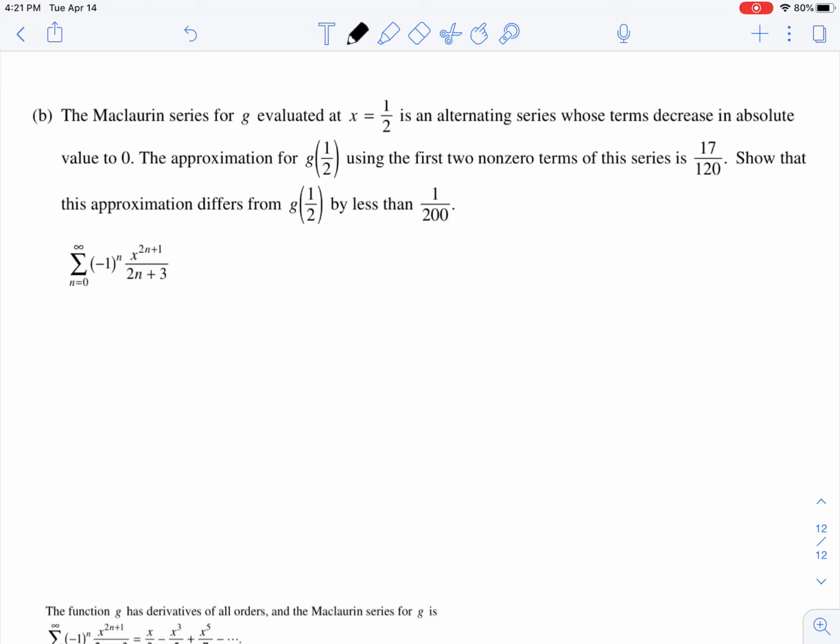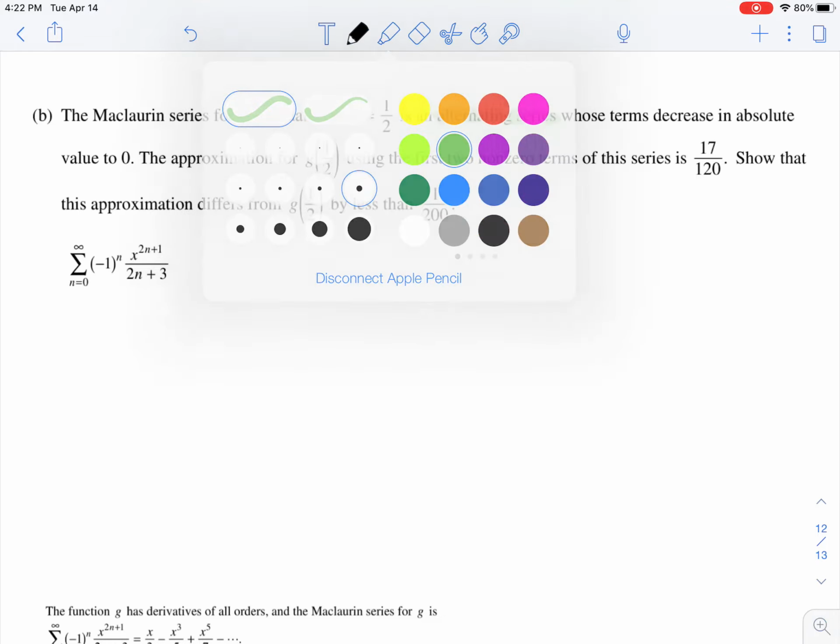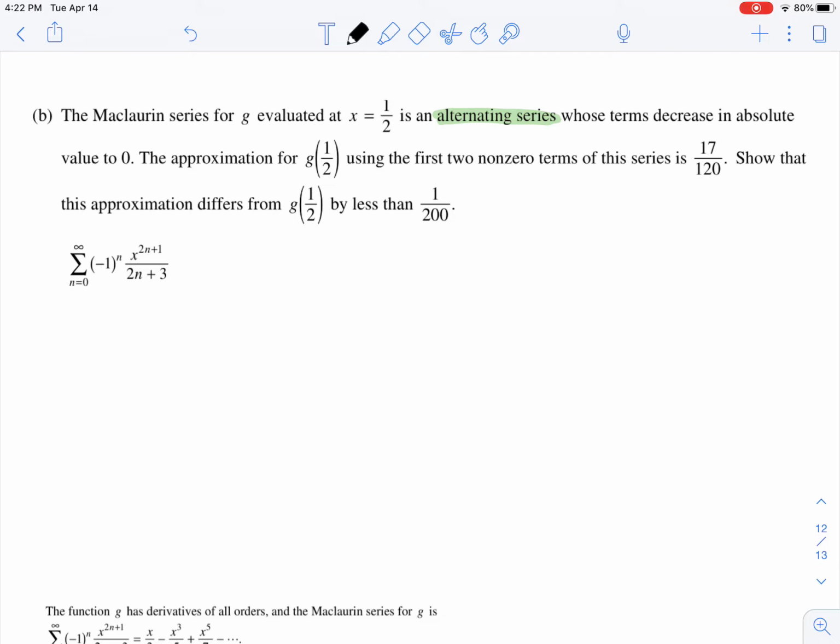So we read through this problem and we're seeing that we are being asked to show that the approximation that's given to us, 17 over 120, differs from the actual value of g of 1/2 by less than 1 over 200. And the big thing here, as a bit of a relief to us, is that we're told that it's an alternating series whose terms decrease in absolute value to 0, which tells us that we can use the alternating series error here.